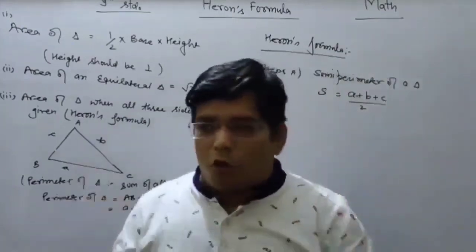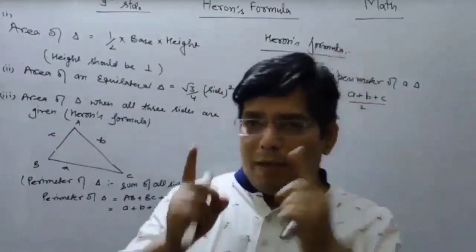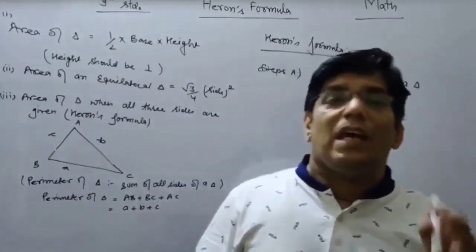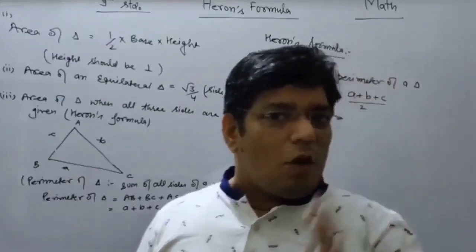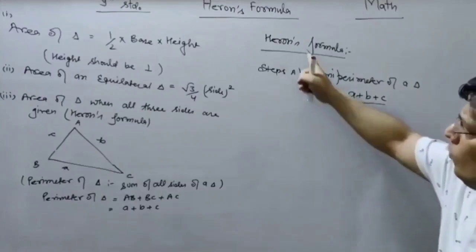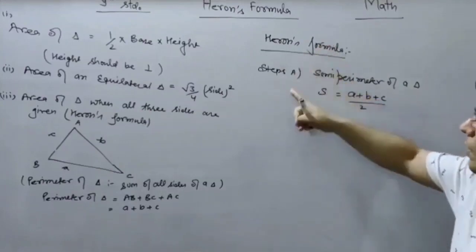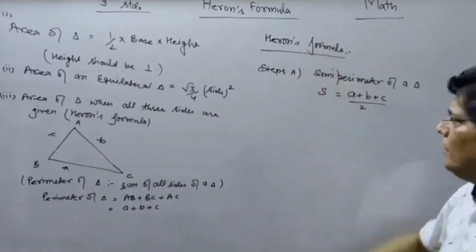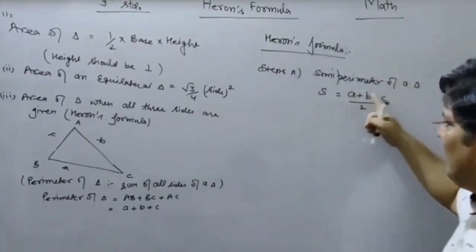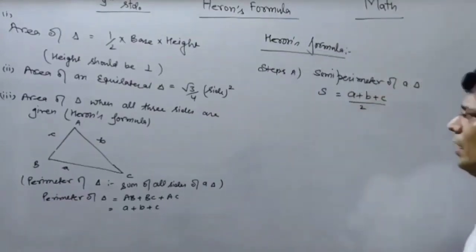That means we calculate the perimeter, and the perimeter must be divided by 2. Half of the perimeter is known as the semi-perimeter, denoted by S, which is a plus b plus c by 2.